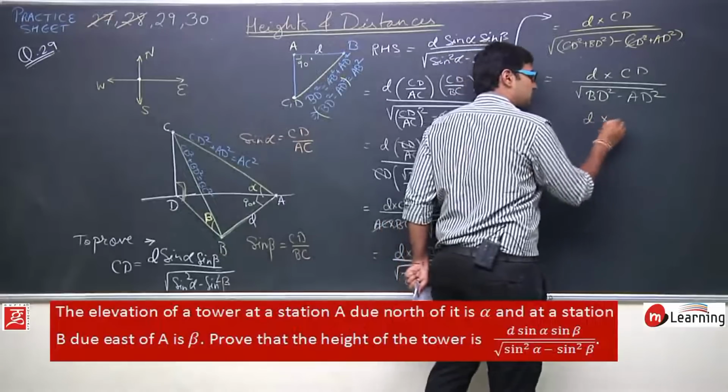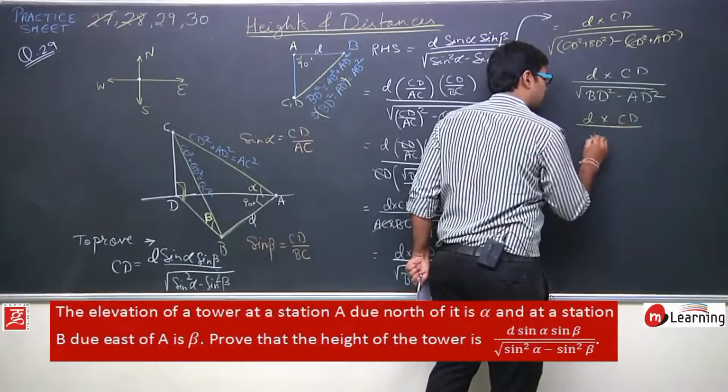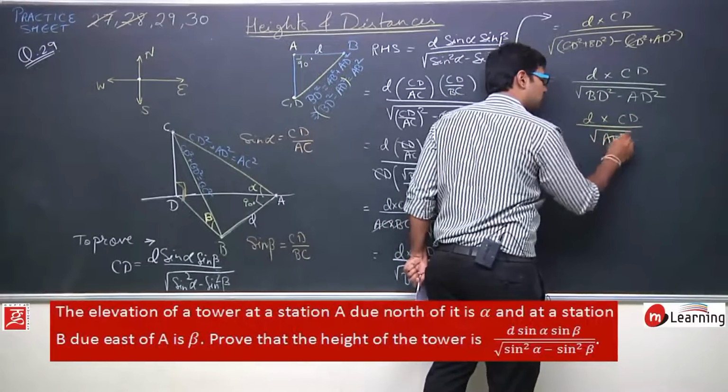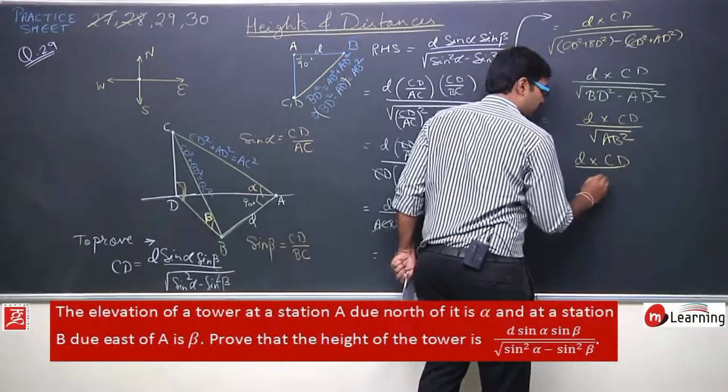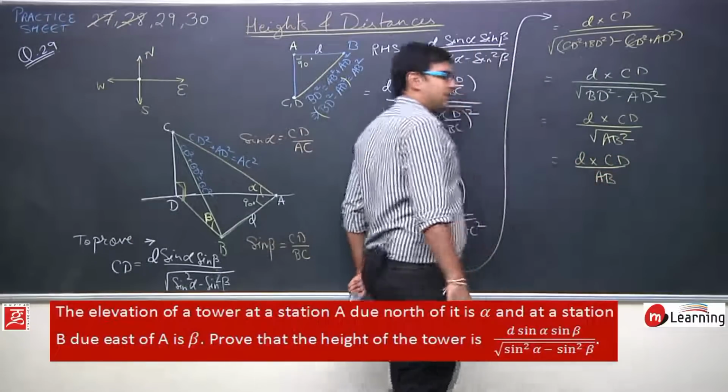So this will give you D into CD upon square root of AB square, which is equal to D into CD upon AB. Now what is AB?